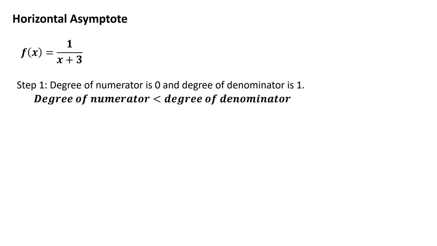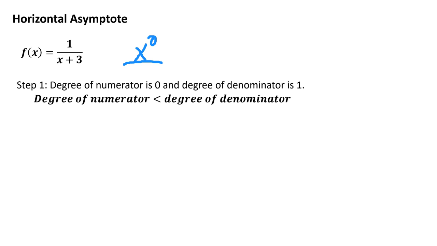So let's go back and look at our problem. We can see here that our problem falls under the first case. The degree of the numerator is 0. Okay, let me see if I can pull out my pen. The numerator is equal to x to the 0 power, because anything to the 0 power will give us 1.